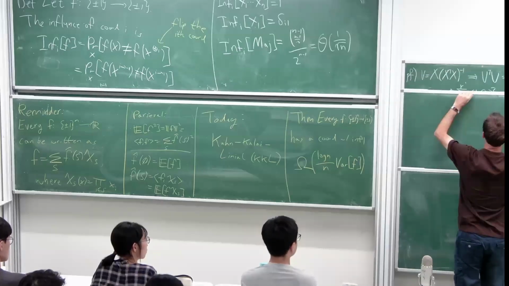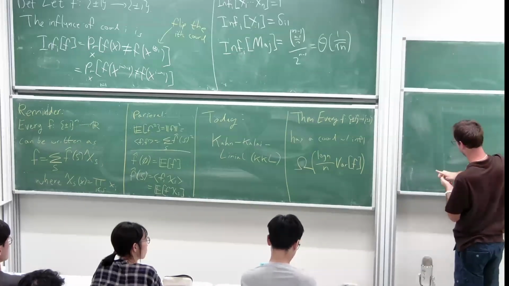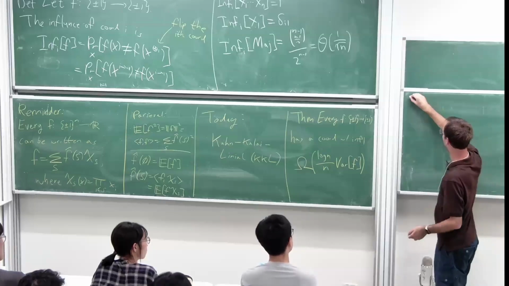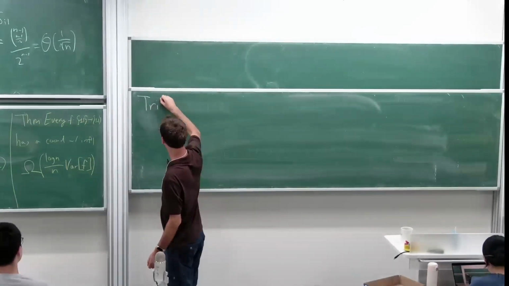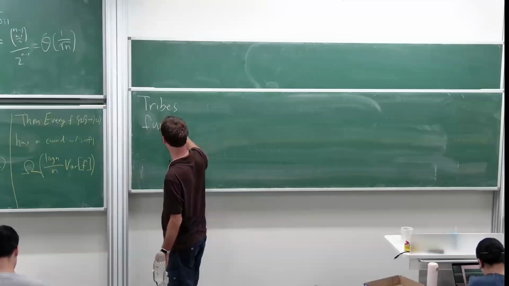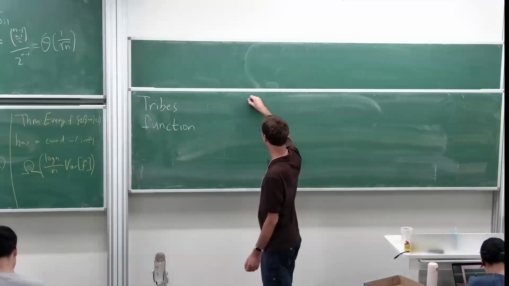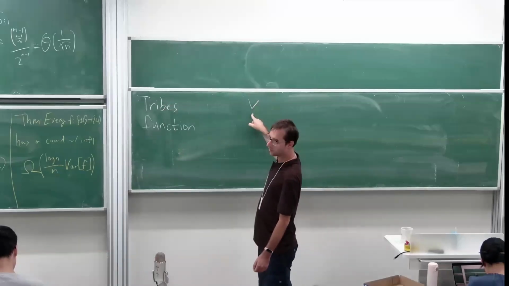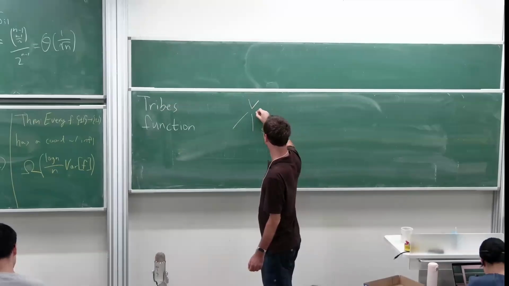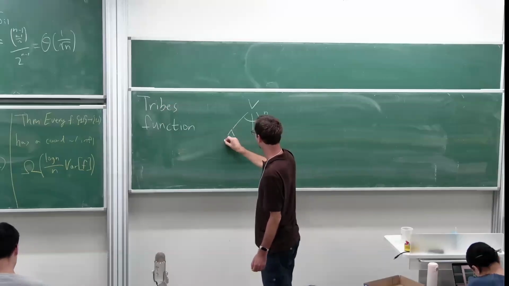But it's kind of extreme. So the tribes function looks like this. This is an OR. This is n over m. This is an AND, m.